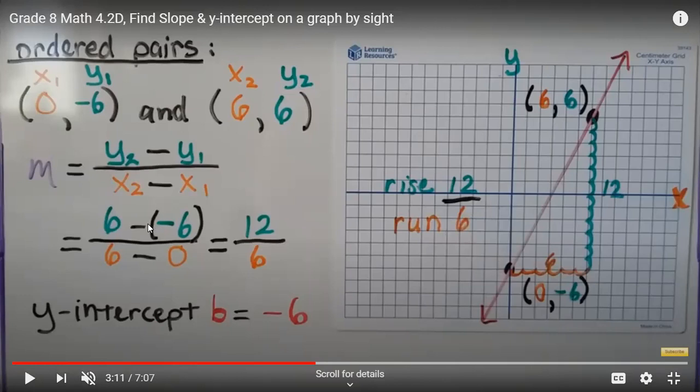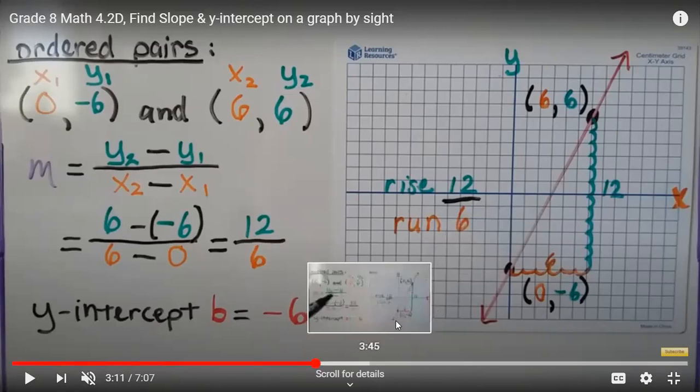Negative times negative will be equal to positive. Then 6 plus 6 is equal to 12 over 6. And what is the y-intercept? The y-intercept here will be negative 6. Then in this case, this is how we calculate the slope and the y-intercept from the graph.